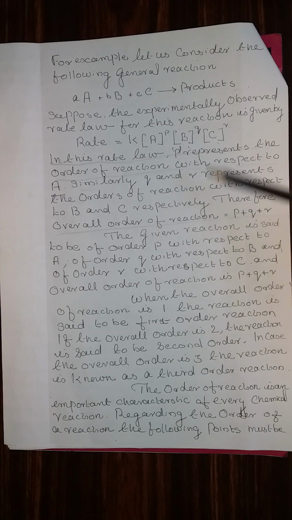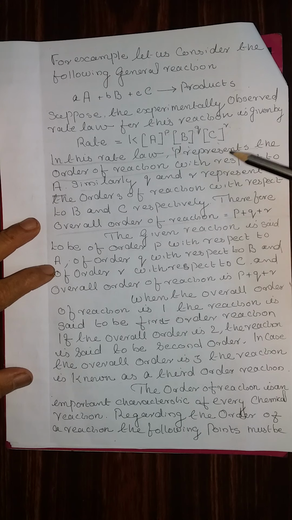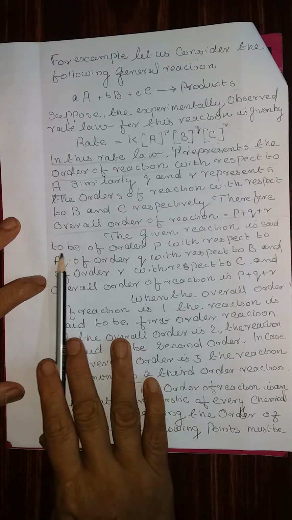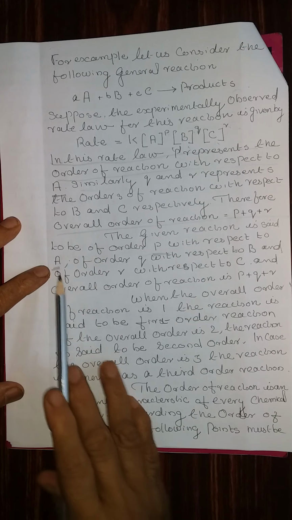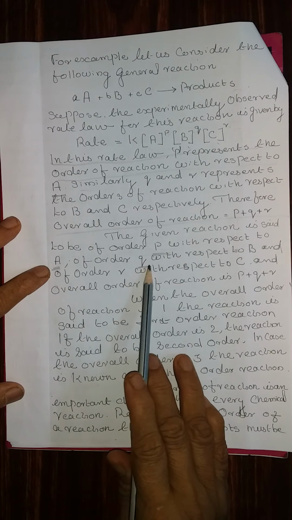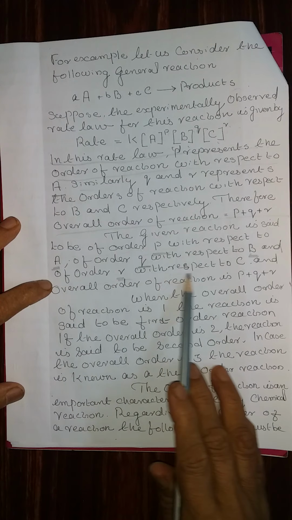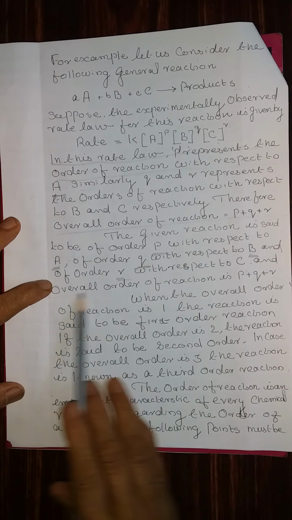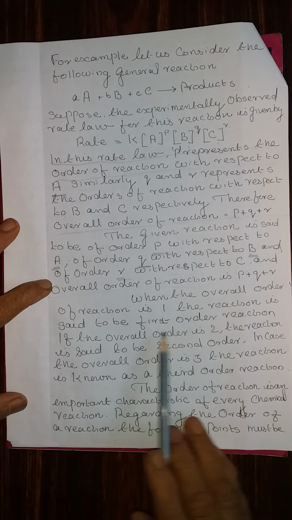Unless you are thorough with these terms, it is very difficult to do the assignment. All the assignments are based on this experimental data and the order of the reactions. The given reaction is said to be of order p with respect to A, order q with respect to B, and order r with respect to C. And the overall order of the reaction is p plus q plus r.